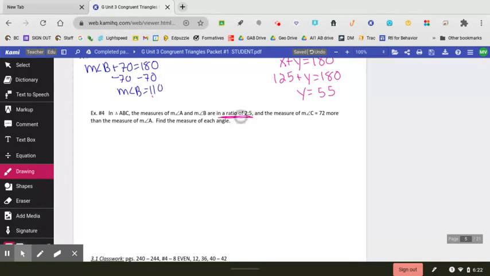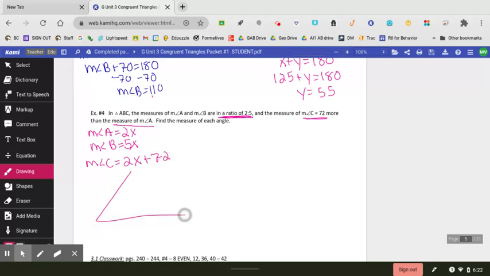Remember, whenever anything is in ratio 2 to 5, that means measure of angle A is going to be 2x, and the measure of angle B is 5x. And then it tells me C is 72 more than A. So that means the measure of angle C equals 2x plus 72.